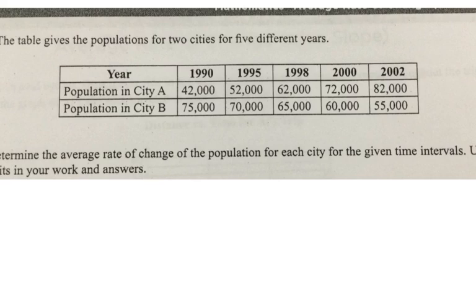So they're going to ask you for the slope of each. Like on the left side, it's only asking you about city A, which means we would be looking at the year and city A points here. What's on the right is only talking about city B. So we'll be using the year and population for city B.